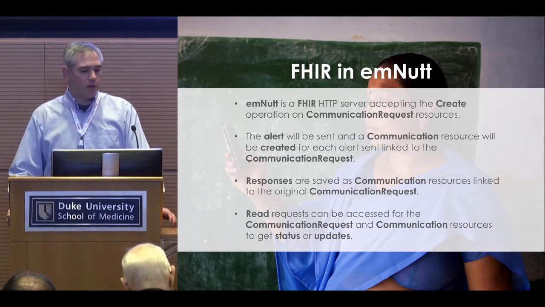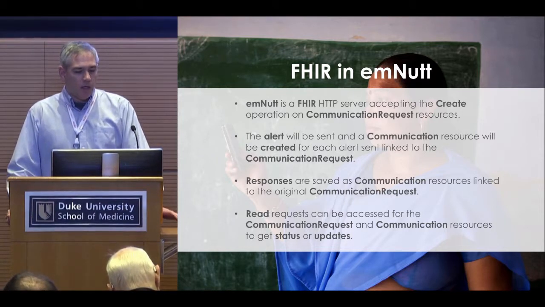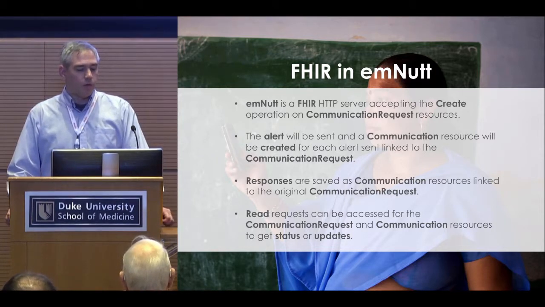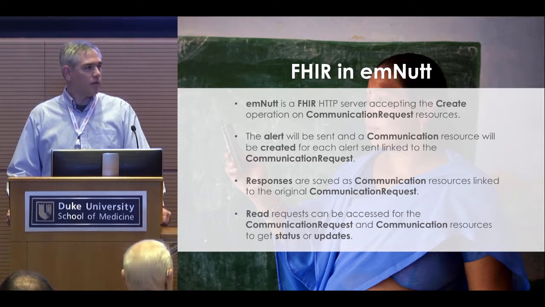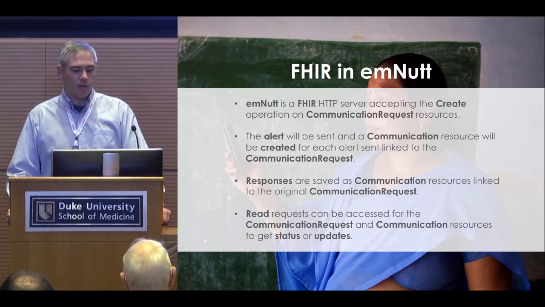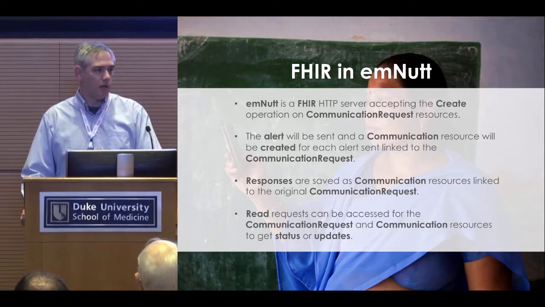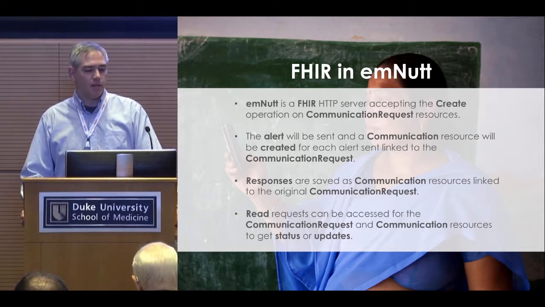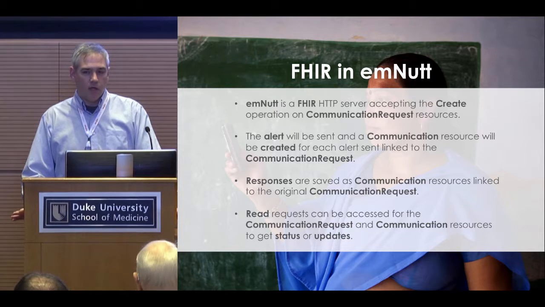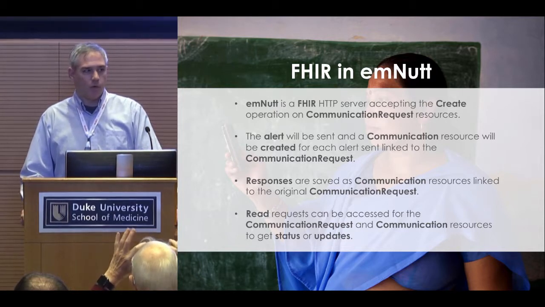So how we use FHIR in emNutt. It's just a web server where you can create communication requests, that FHIR resource, and then that alert will be sent based on any various plugins that you can add in. Right now we've got a few, again, like RapidPro.